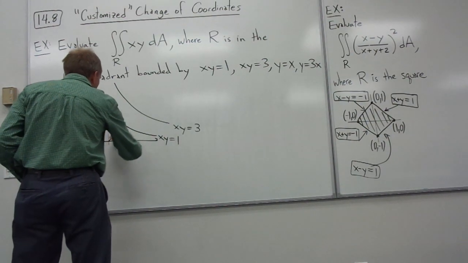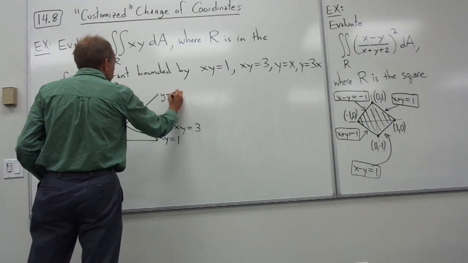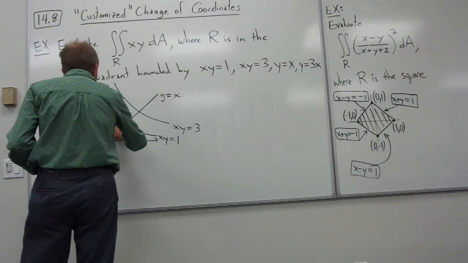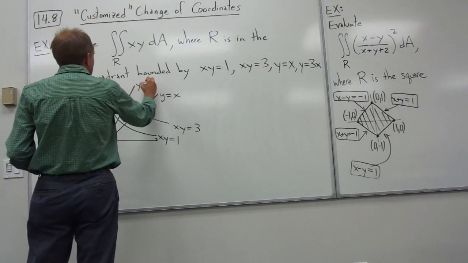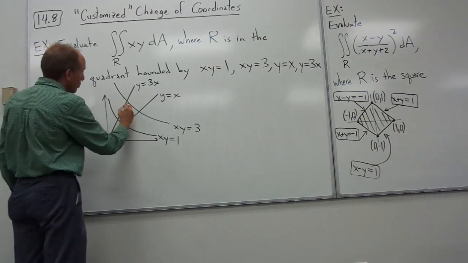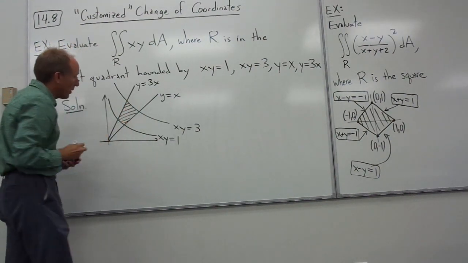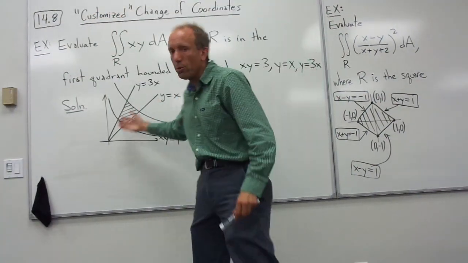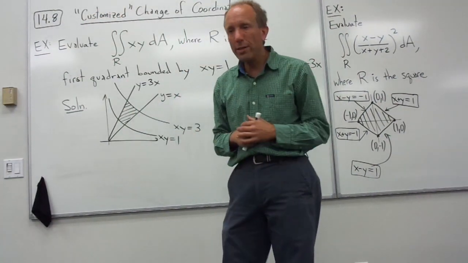y equals x, of course, is over here going off at a 45-degree angle. And y equals 3x would be going off maybe something like this. So a little bit steeper line. And here's your region R right here. And you can see that that region is not going to be suitable to xy coordinates.